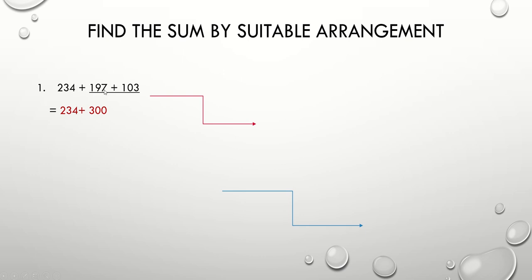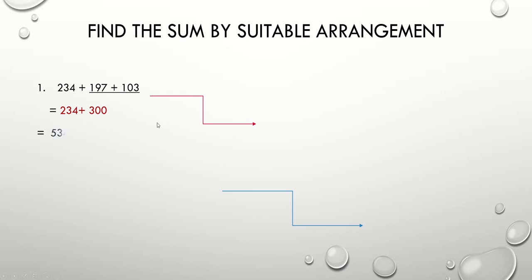Because 7 plus 3, just add the unit place. 7 plus 3 will give you 10. So I will write 0 under the unit place. 9 would be carried over to the next. 9 plus 1, 10. Again I am getting 0 here on the tens place, and again 1 will go to the next place. Now add the hundreds place, 1 plus 1, and 1 was carried over, 3.